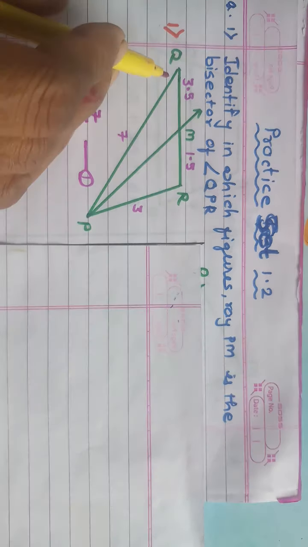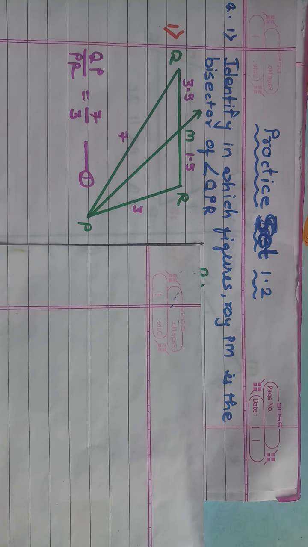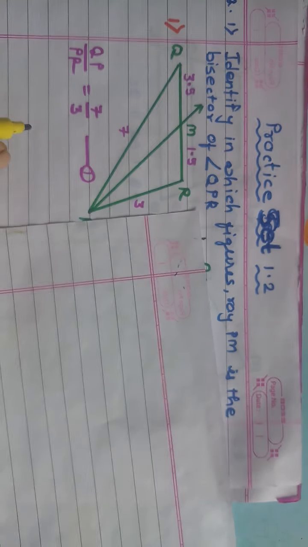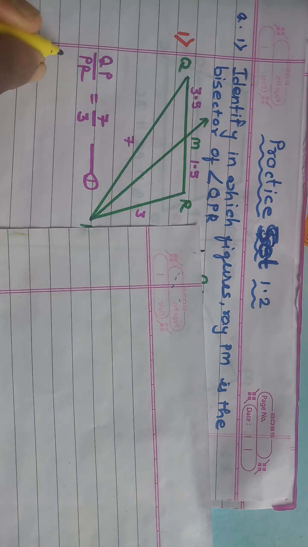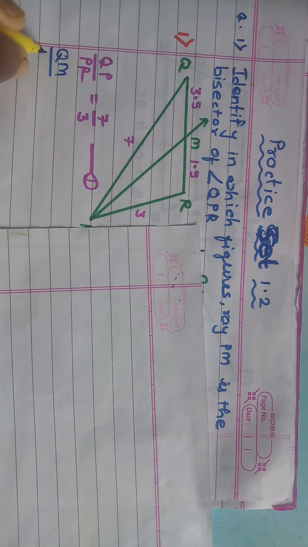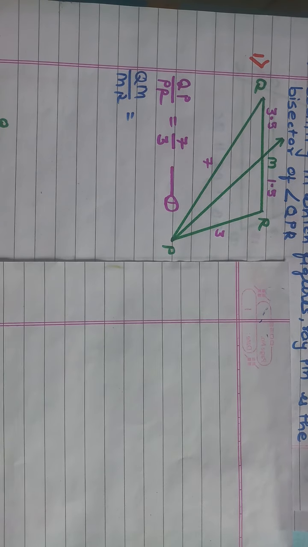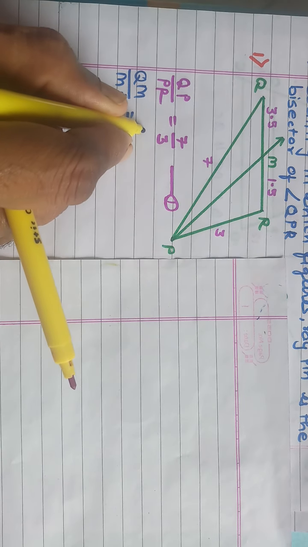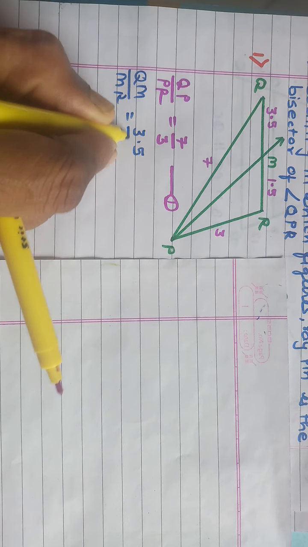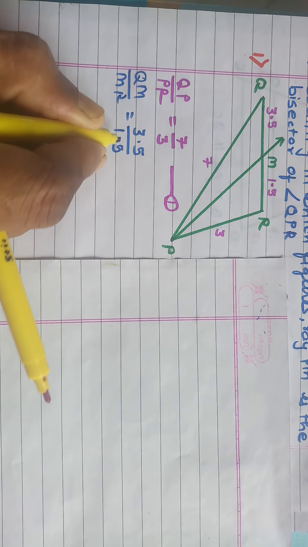Okay, now find the ratio of QM to MR. QM upon MR. Now the length of QM is 3.5, length of MR is 1.5.